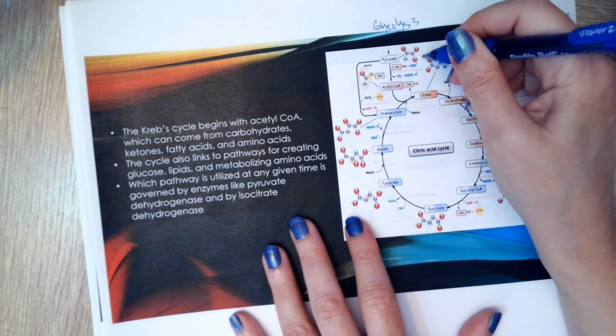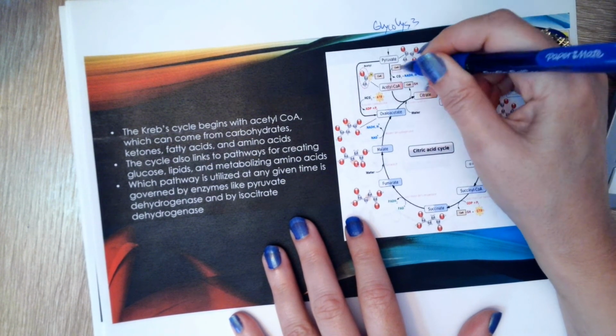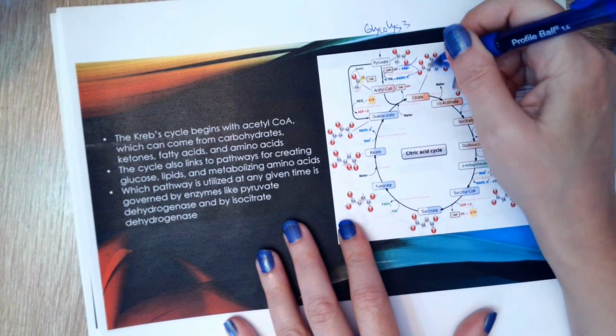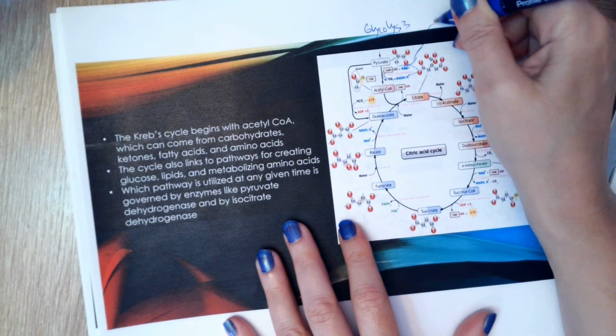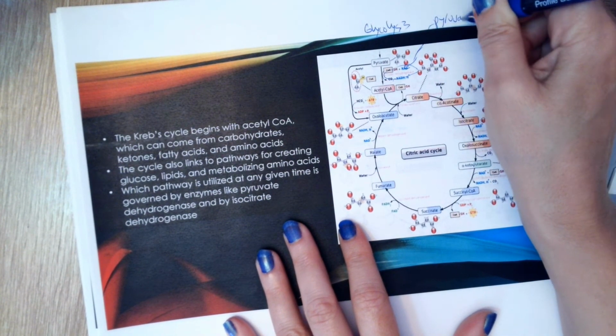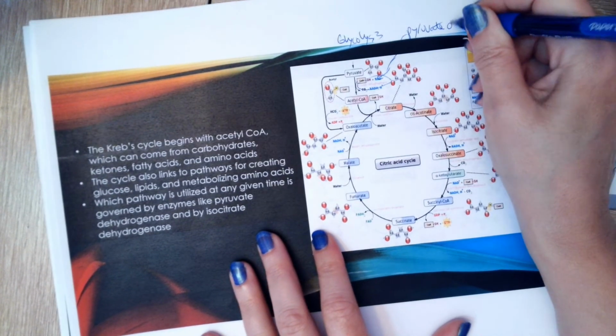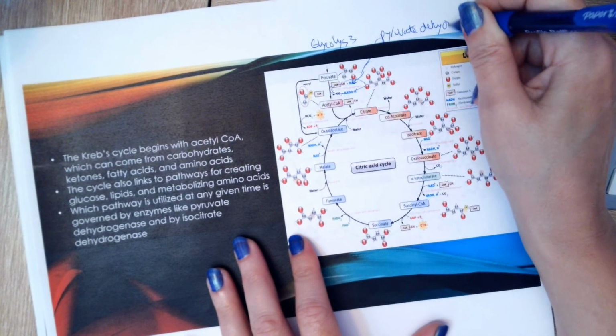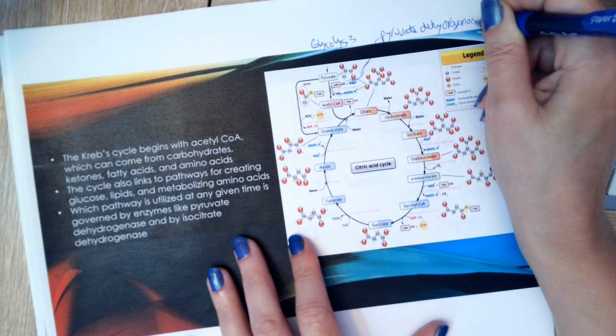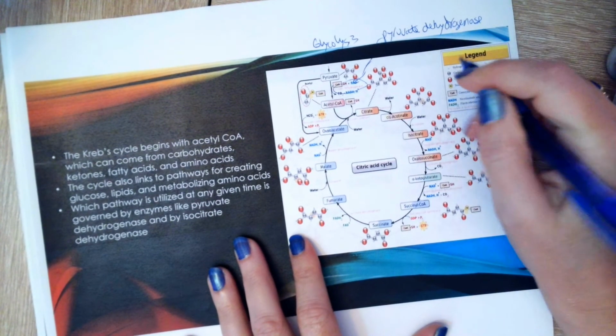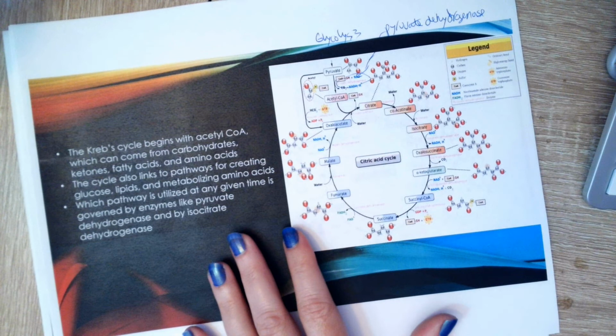We use pyruvate dehydrogenase. That's this enzyme right here, which I know you can't see on here, so I'll write that in. Pyruvate dehydrogenase. That's an enzyme that we just keep seeing, so it should be starting to look familiar to you.